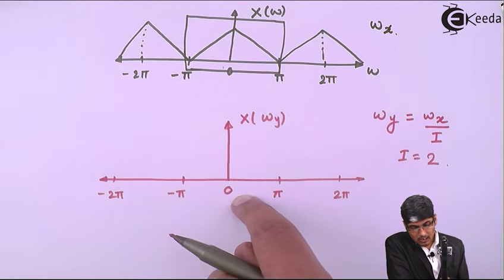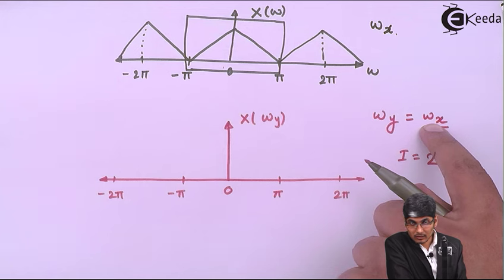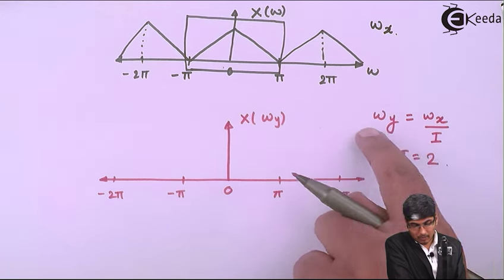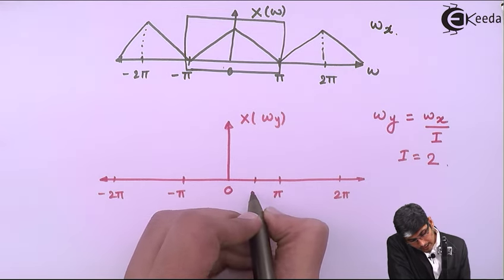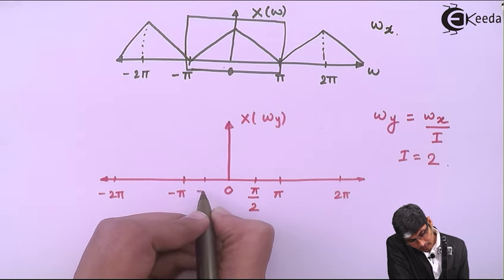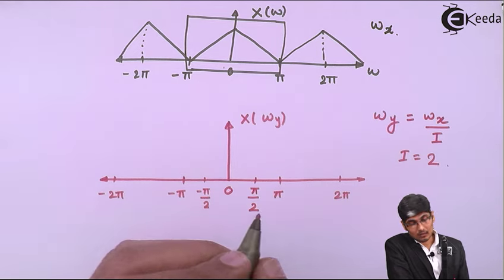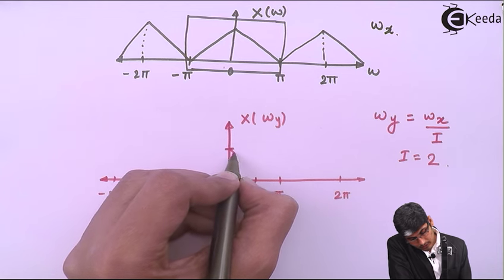But now when I put omega equal to pi, I am going to get omega y as pi by I, which is pi by 2. So let us say this is the value pi by 2 and this is minus pi by 2. What has happened? I had at 0 whatever it was.